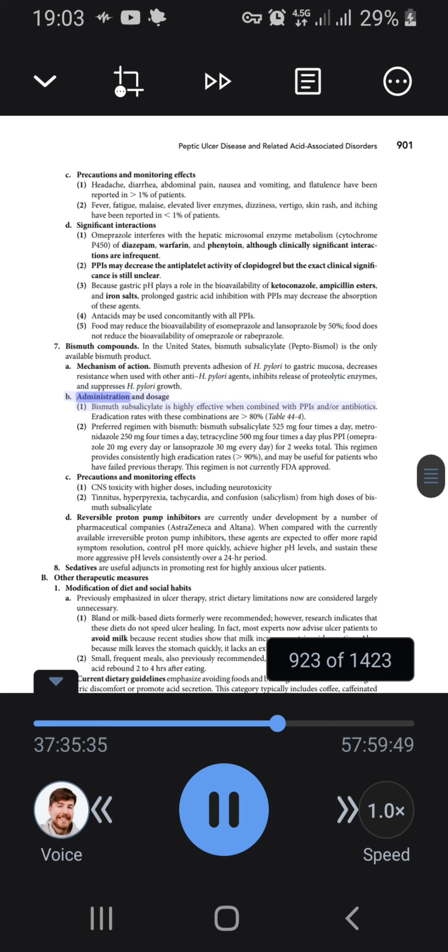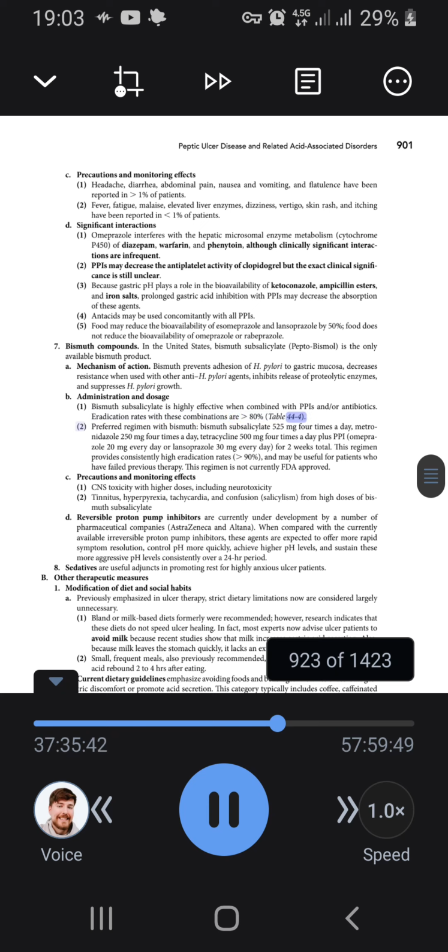B. Administration and dosage. 1. Bismuth subsalicylate is highly effective when combined with PPIs and/or antibiotics. Eradication rates with these combinations are 80%.